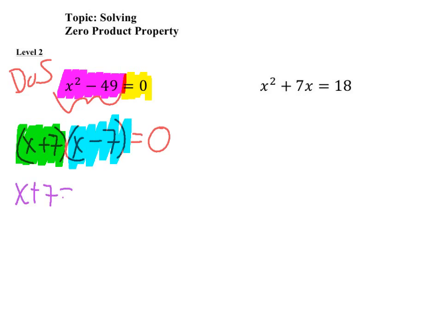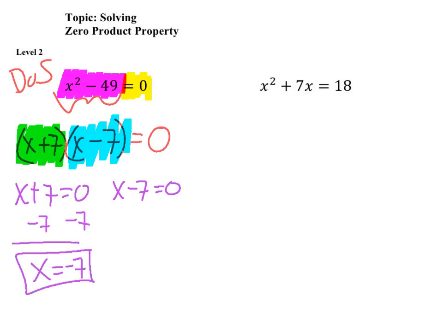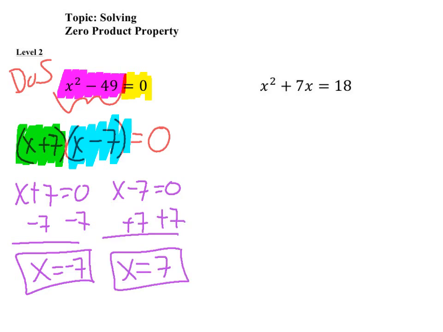So x plus 7 equals 0, and x minus 7 equals 0. Then I'm going to solve each one of them. If I subtract 7 here, I get x equals negative 7 for one of my values. And then here, I add 7, so I get x equals 7. So my solutions are x equals negative 7 and x equals 7.